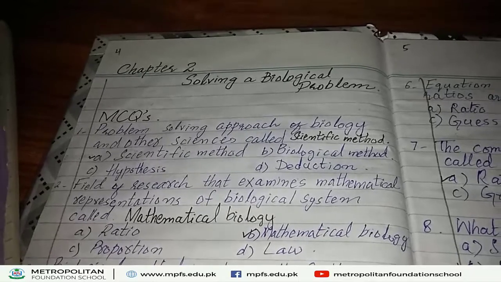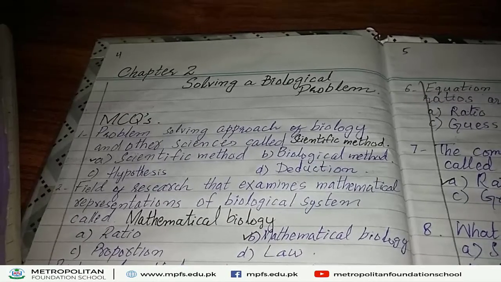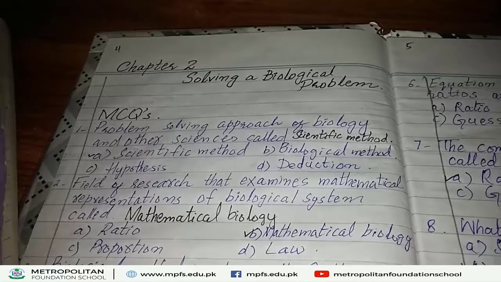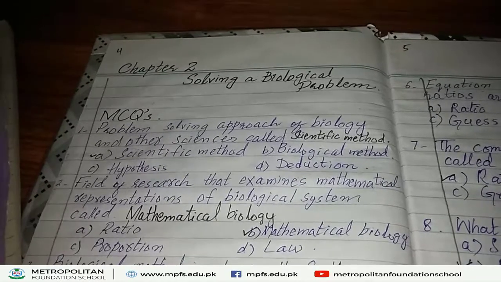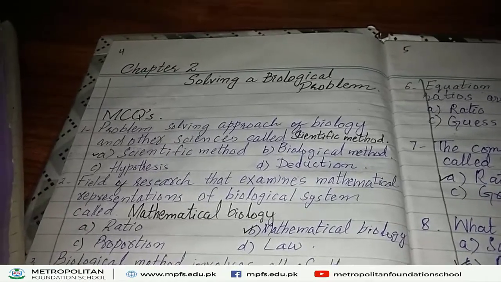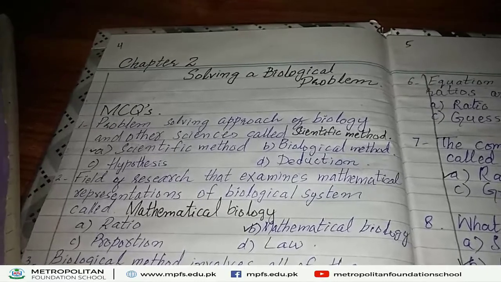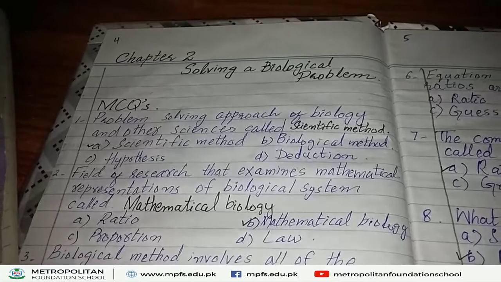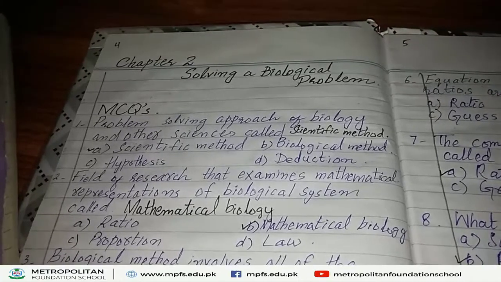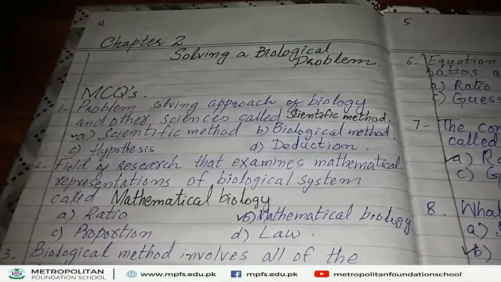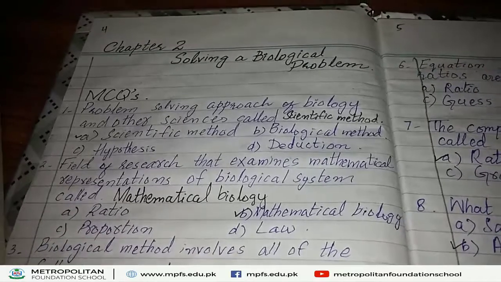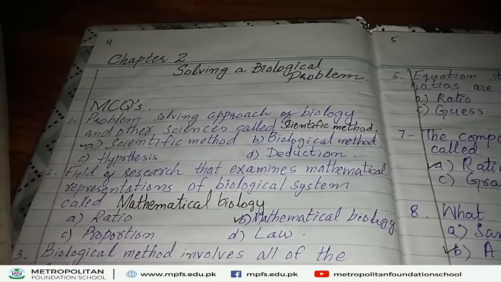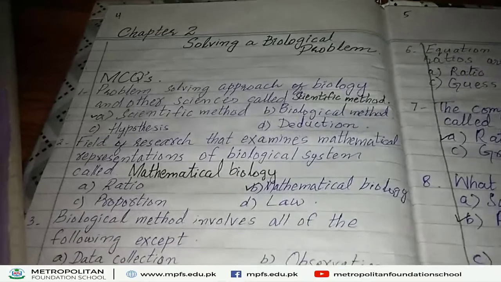This mathematical representation is an important part of biological system, and this branch of biology in which we examine mathematical representation of biological system is called mathematical biology. So the correct option is option B, mathematical biology. It is related with mathematical representation of biological system.